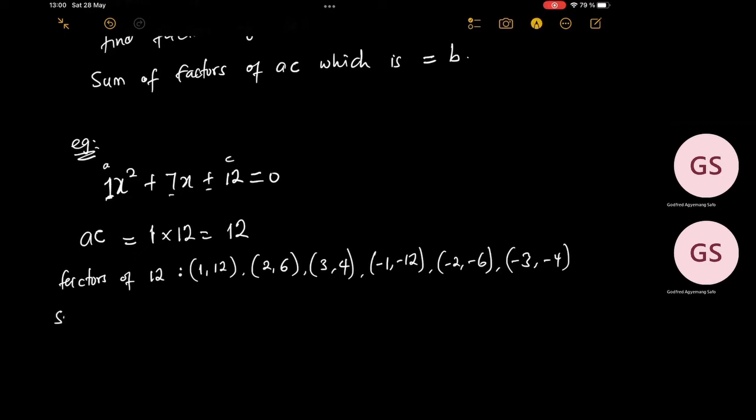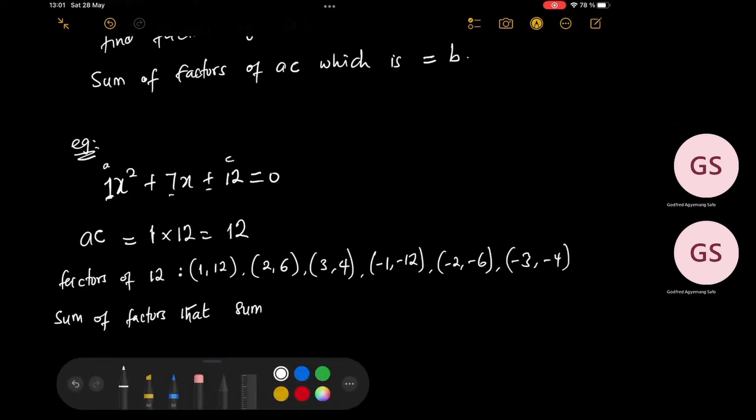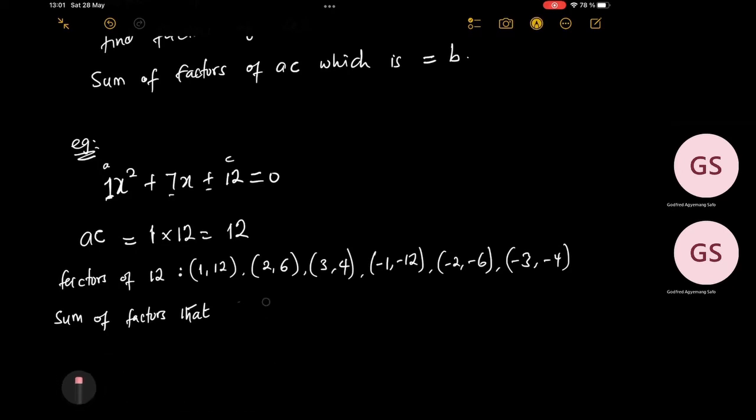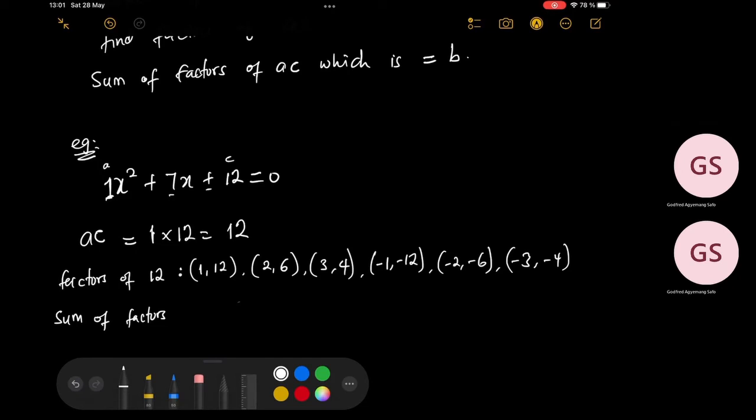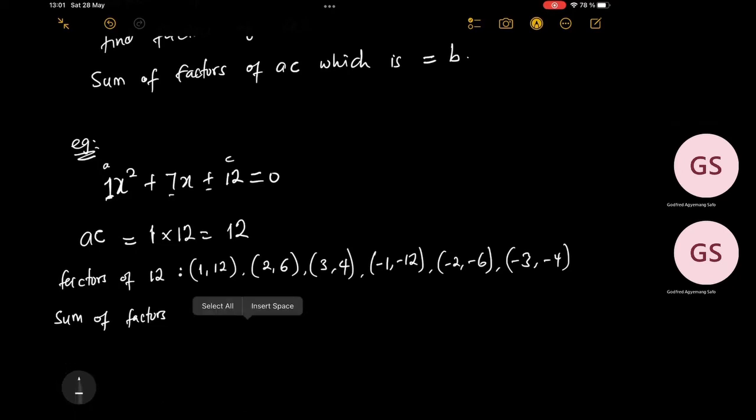So the sum of factors equal to b, that is equal to 7, is 3 and 4.